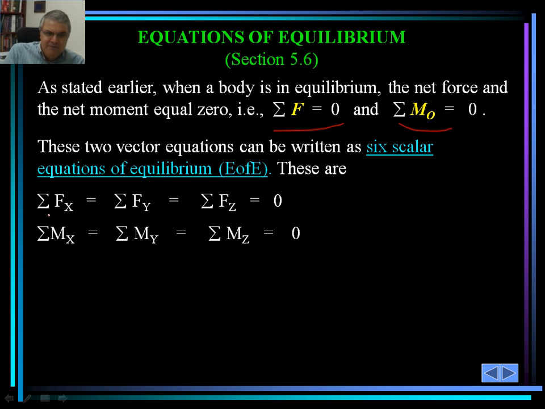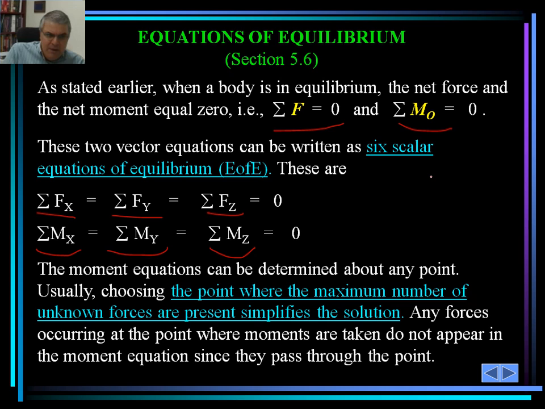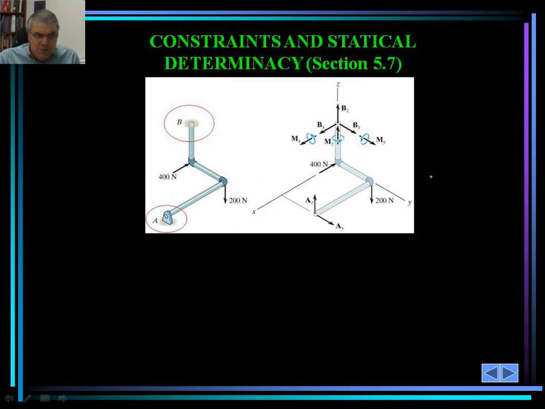And in 3D, you could have summation of forces in the X, in the Y, in the Z, and the summation of moment about X, about Y, and about Z are said to be 0. So these are the 6 scalar equations of equilibrium that we would be dealing with. And again, the moment can be determined about any point. Usually we try to pick a point like we did in 2D, where the maximum number of unknown forces are present. It's going to simplify the solution. Again, it requires some practice to be able to do that.